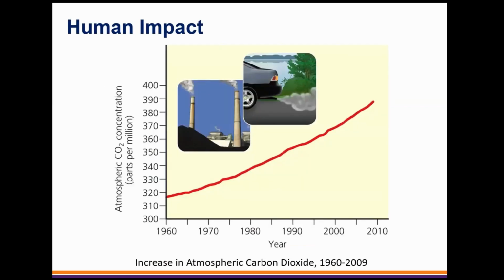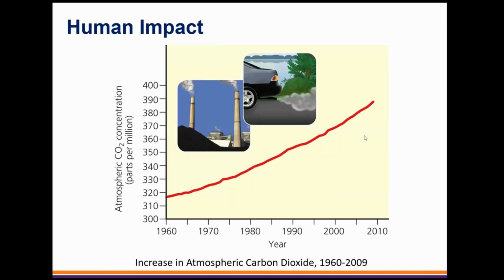This graph shows the atmospheric concentration of carbon dioxide, which was measured between 1960 to 2009. This was measured in Hawaii. You can see that from 1960 to 2009, the concentration of carbon dioxide increased almost linearly.